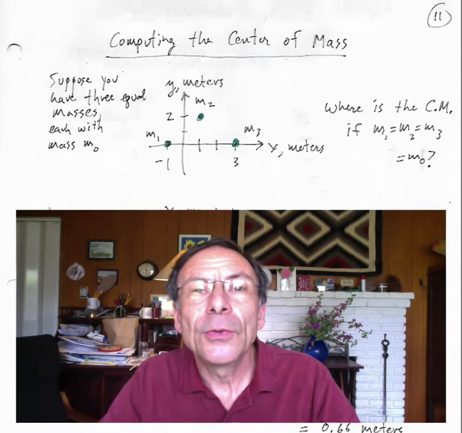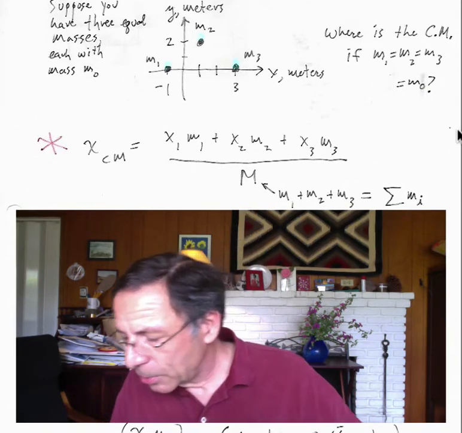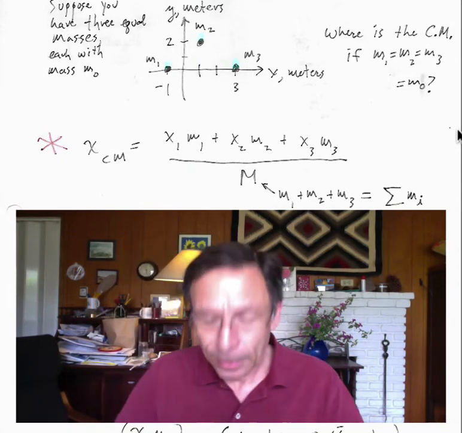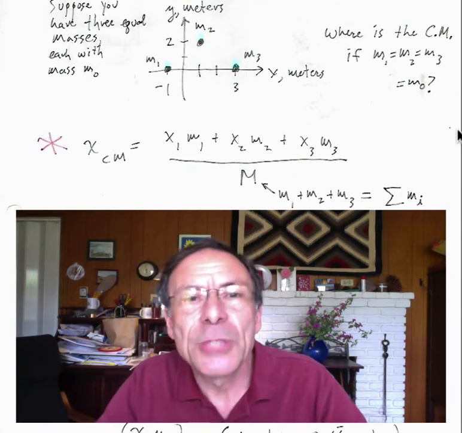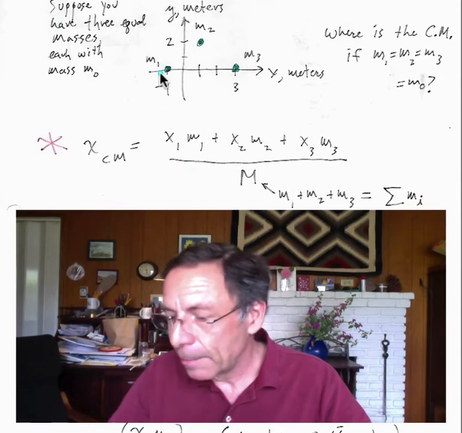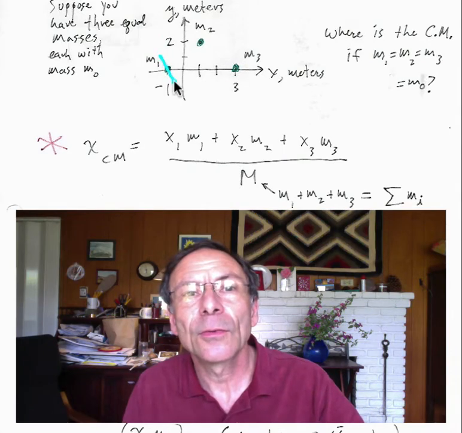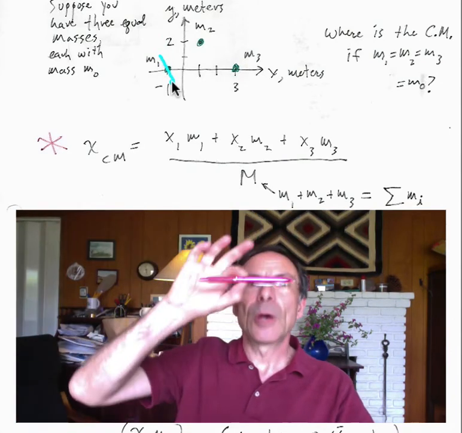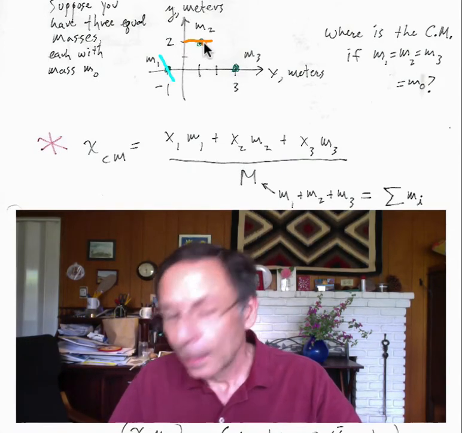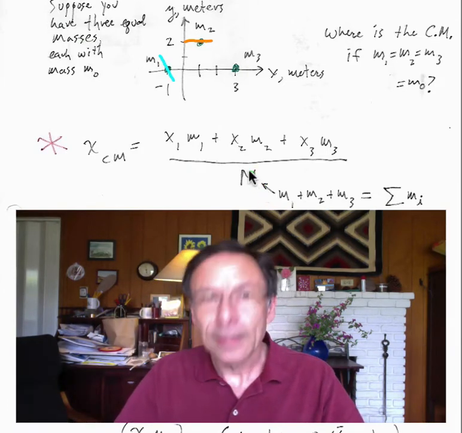I want to do a little demo here, and before I do the demo, let's suppose that each one of these objects was an extended object. For example, let's suppose that mass 1 was this pencil, and it was like this. Let's suppose that mass 2 was this pen, so it was like this. And let's suppose that mass 3 was this pen, like that.